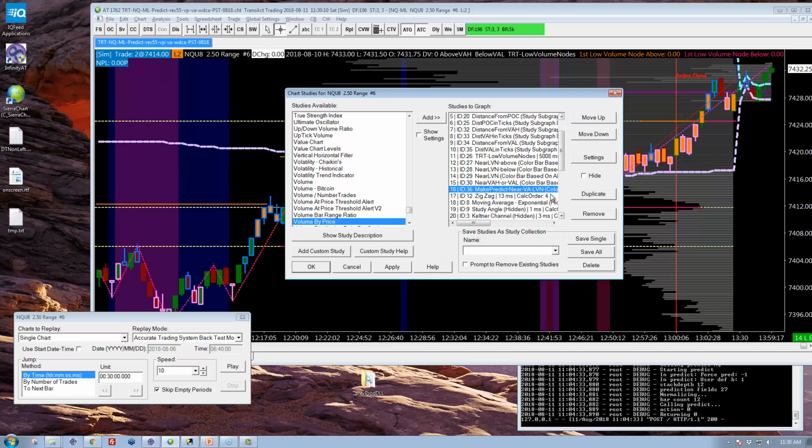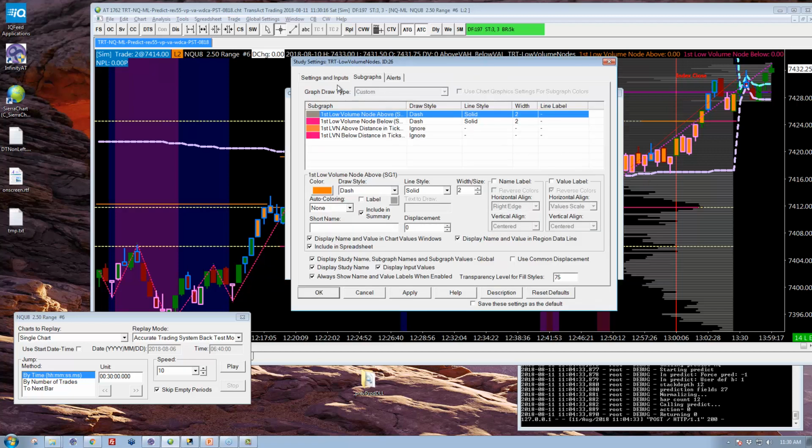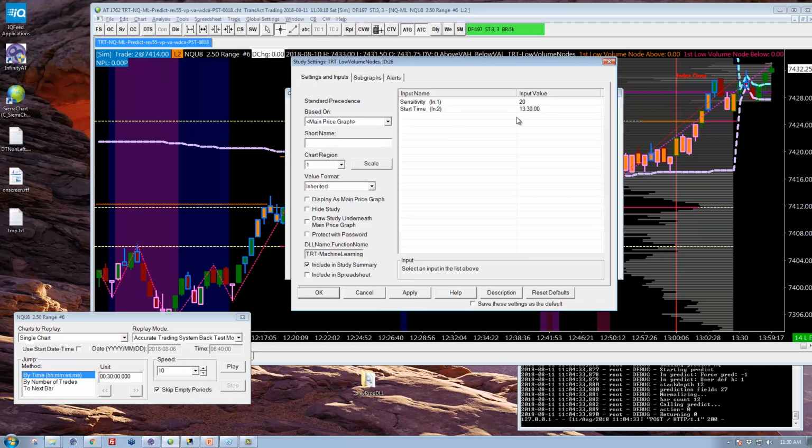Okay. So let's look at the TRT low volume nodes study. This is a new custom study now. The start time needs to match what's in your chart settings. For me, that's 1:30. That means 1:30 yesterday.